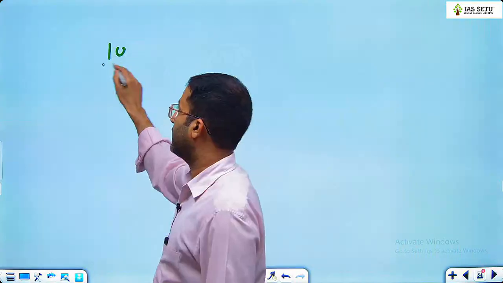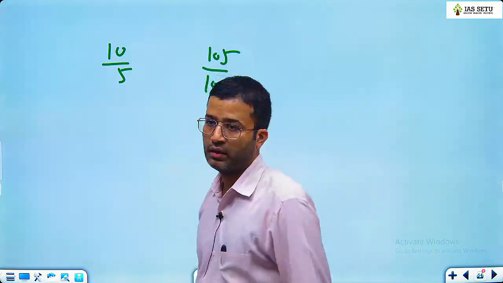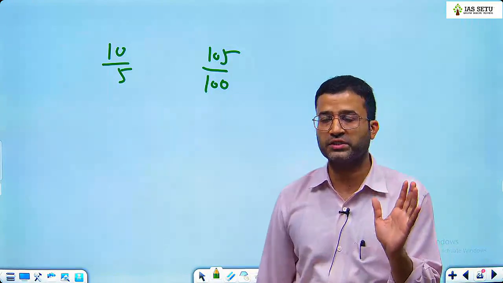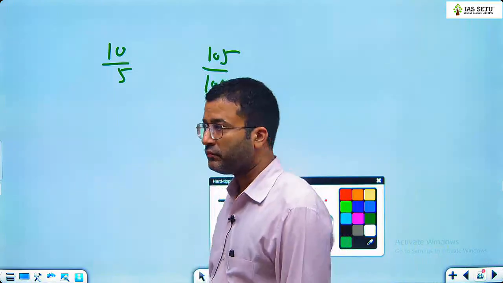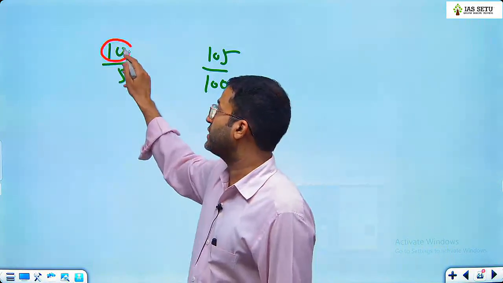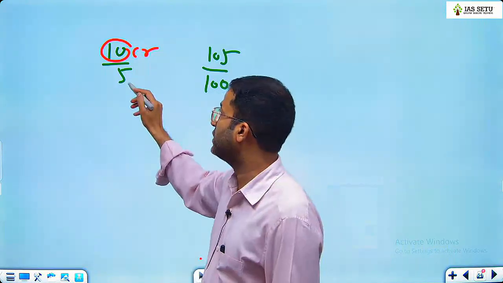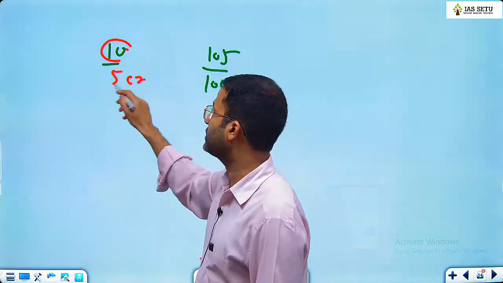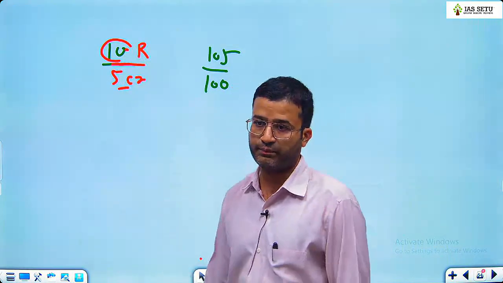I can give an example so that you can correlate. See here 10 by 5, 105 upon 100. It's like a business model, if any one of you is from a business family. Here we put 10 CR in a business and get in return 5 CR, or rather we put 5 CR as investment and this is the revenue, or the turnover we can say.